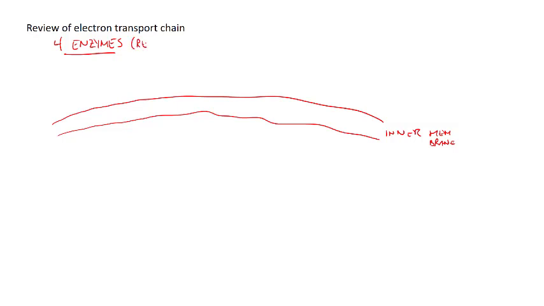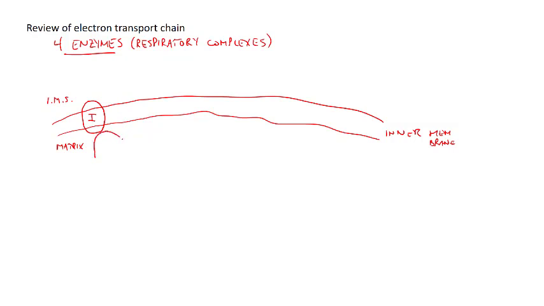They're referred to as respiratory complexes. And 3 of the 4 are also proton pumps. So here's what happens. We have complex 1. I'm drawing this diagram so that the inner membrane space is at the top and the matrix of the mitochondrion is at the bottom.